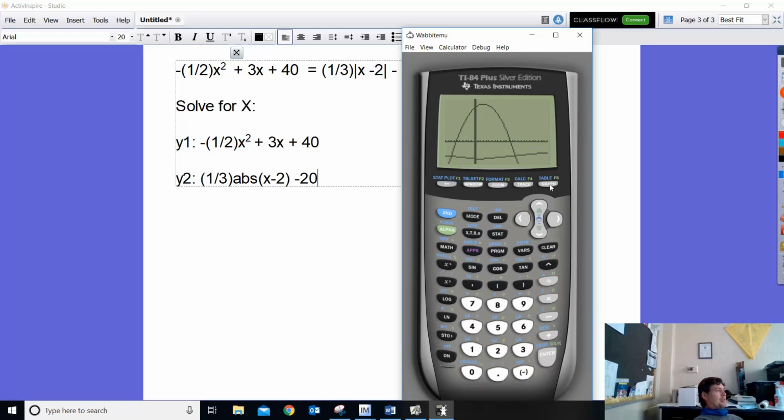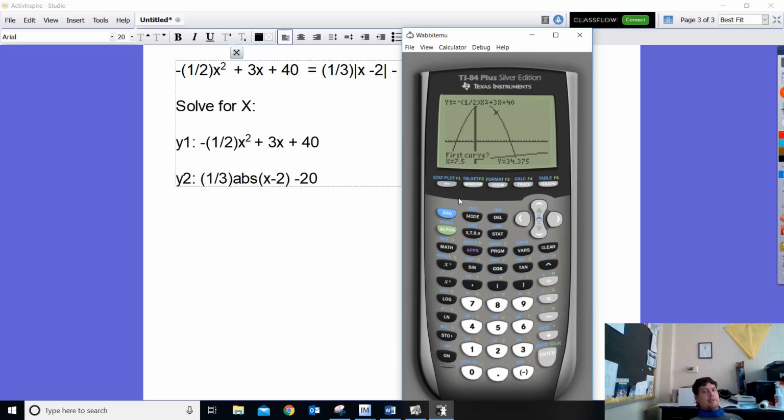Now we did this section with lines. Remember we graphed lines and we found our intersections and that was our answers? That's what we're going to do right here. Solutions happen when things do what? Intersect. So guess what function we get to use? Second calc intersect, second calc 5.